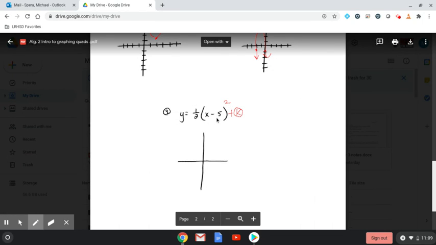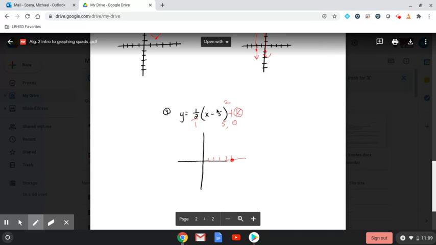All right, so what do we do? Well, where are we starting? We're starting at 5, right? The opposite of what's in the parentheses, and then whatever k is. So 5, 0. We're starting on the x-axis. And then you have to remember this: because these are U-shaped, they're not constant. They're not like in a linear form in any way, which simply means you cannot go up 1 and over 2 here.